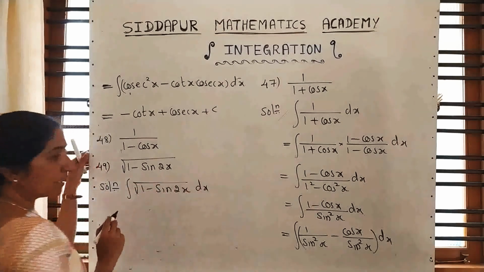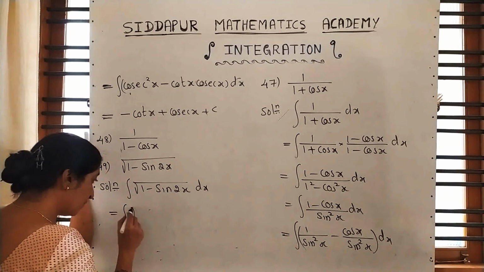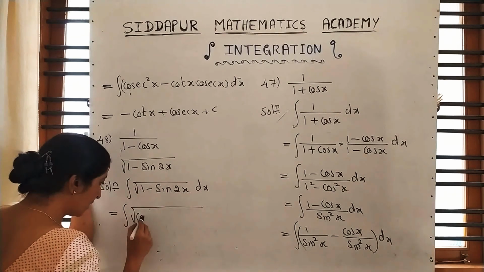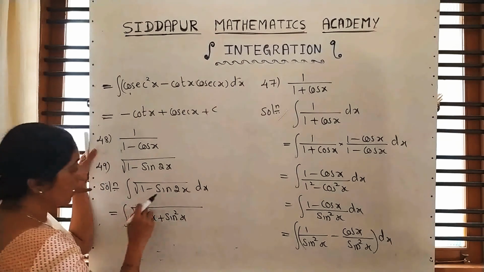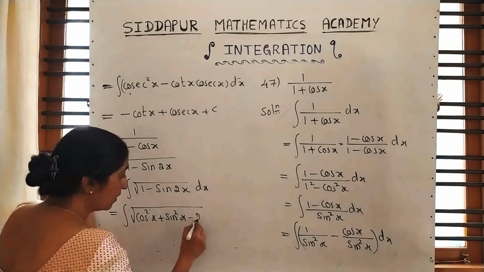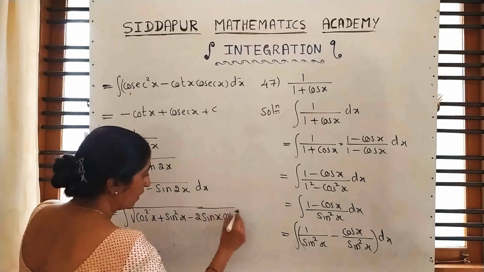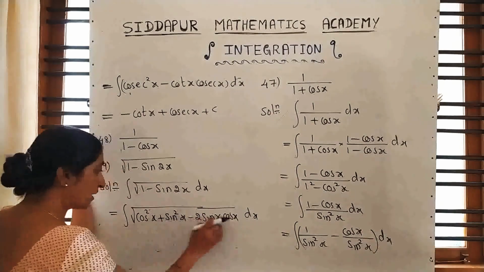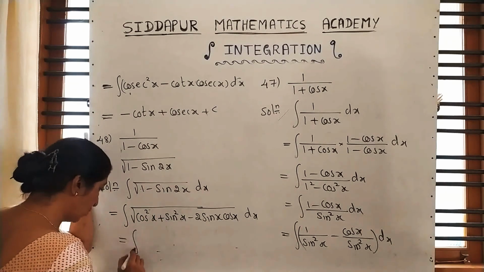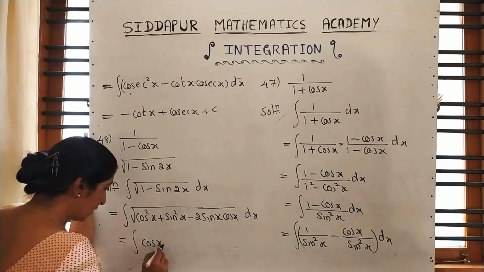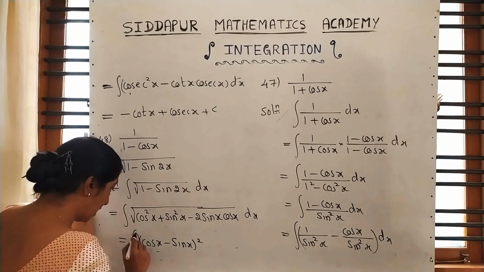And we don't know the multiples and submultiple for 1 minus sin 2x. But we know this. 1 will be written as cos square x plus sin square x. Sin 2x will be written as 2 sin x into cos x. Correct or what? And see that the terms under root are in the form of a square plus b square minus 2ab. It is nothing but cos x minus sin x whole square. They are under root.